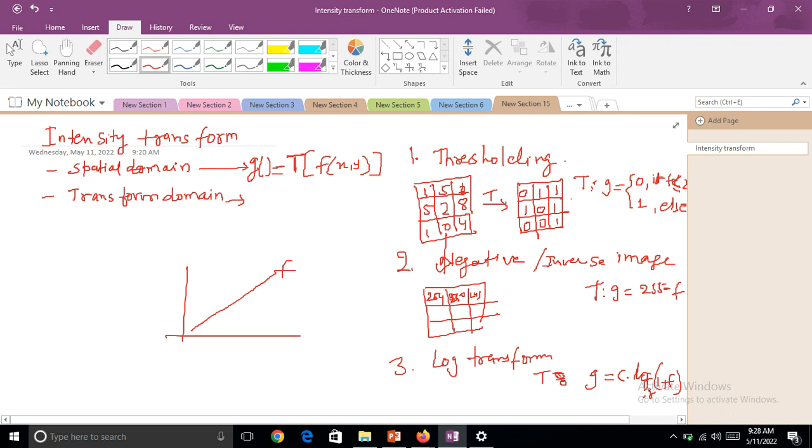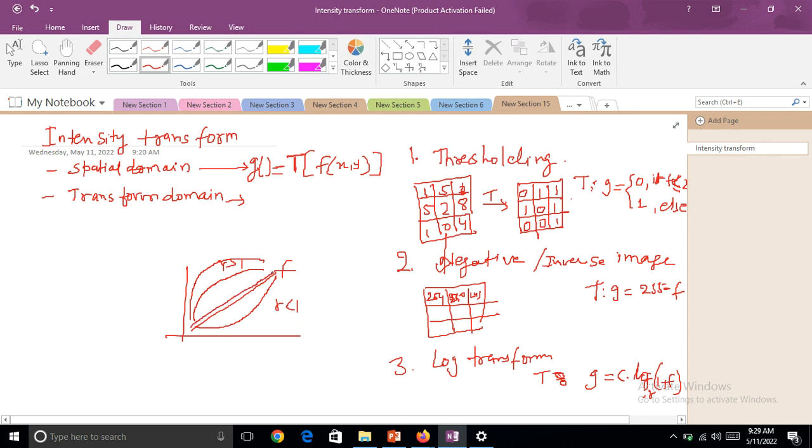If you put a base value smaller than 1, and if you put a base value bigger than 1, the graph will look like this. If you keep on increasing the base value, it will look like this. So by changing the base value and constant, you can change the pixel values.